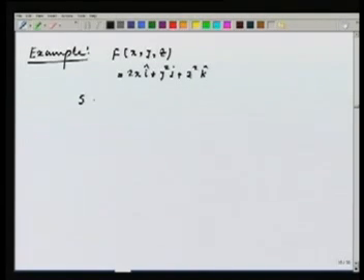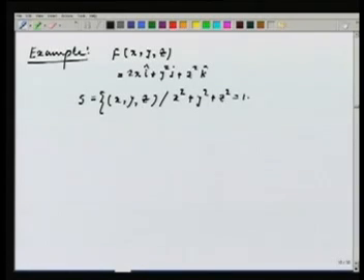And let us say S is the unit sphere, and I want to calculate the integral over S of f dot n d sigma. In principle I should be able to do that. So let us try to see what comes.